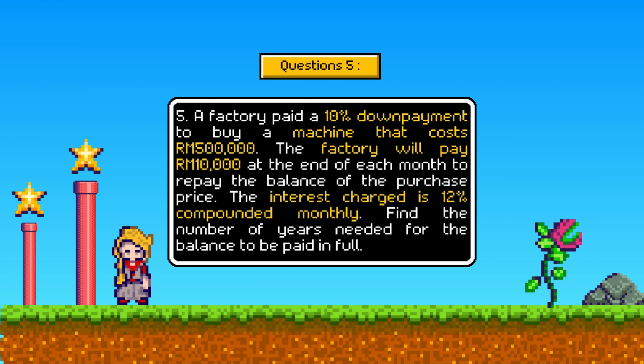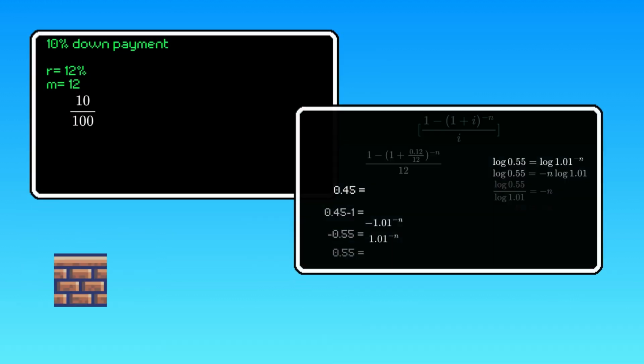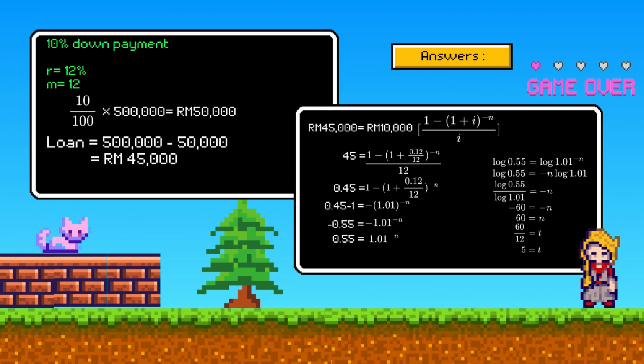Find the number of years needed for the balance to be paid in full. After we calculate the down payment of 10%, the answer we got is 50,000 ringgit. Subtract the down payment from the machine price, and the loan amount needed is 450,000 ringgit. So, you just need to follow the steps and get the final answer.